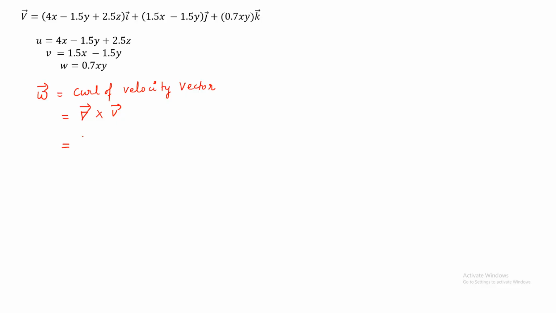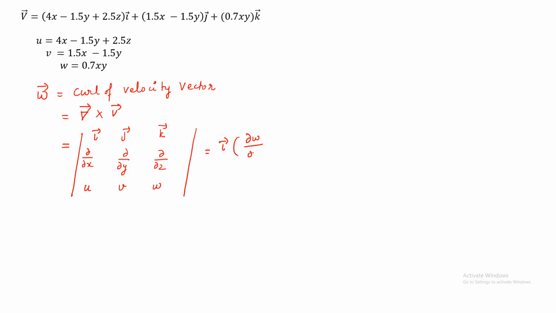That is the determinant with i, j, k in the first row, del by del x, del by del y, del by del z in the second, and u, v, w, the velocity components in the x, y and z directions, in the third.